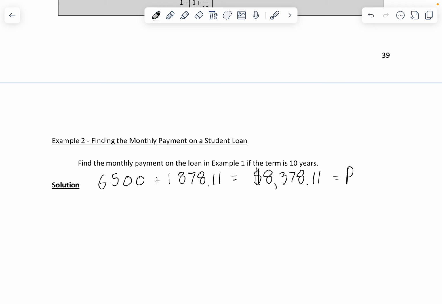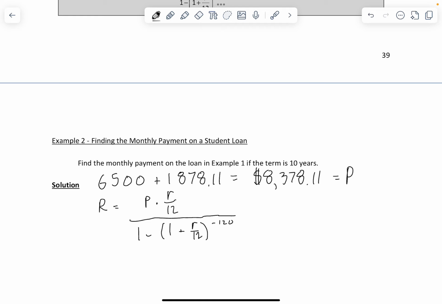So let's write our formula down here. The payment equals P times R over 12, over 1 minus 1 plus R over 12 raised to the power of negative 120.